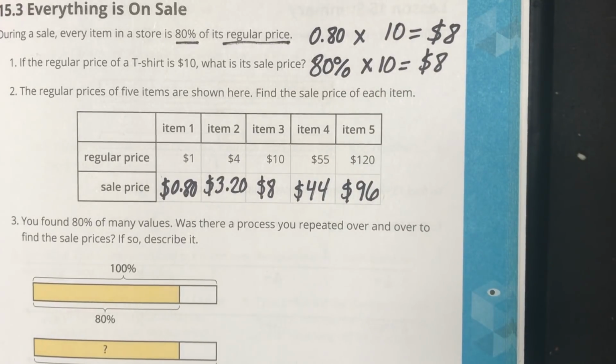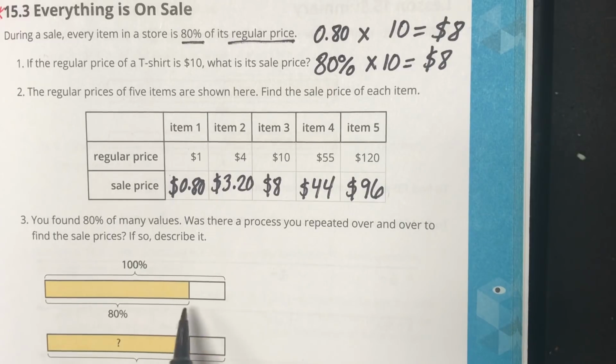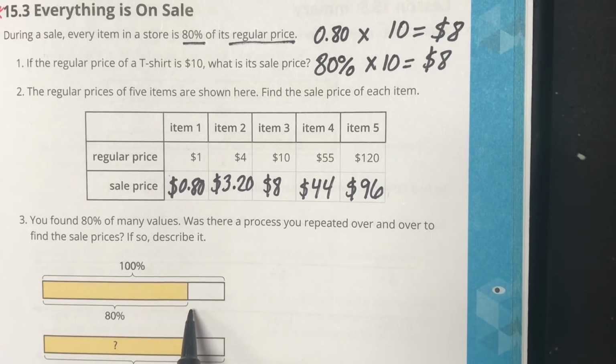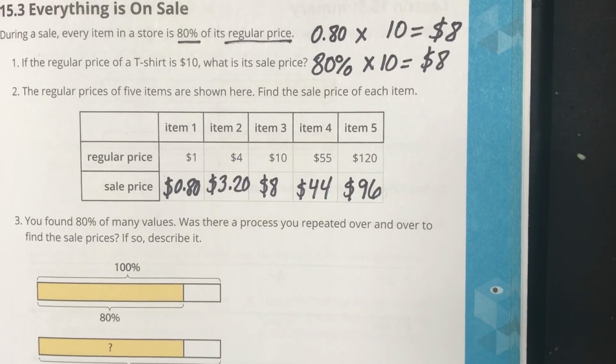All right, number 3, you found 80% of many values. Was there a process that you repeated over and over to find the sale price? If so, describe it here. So basically, we knew that the total price was 100%. The sale price was that you would get 20% off and pay 80%, right?